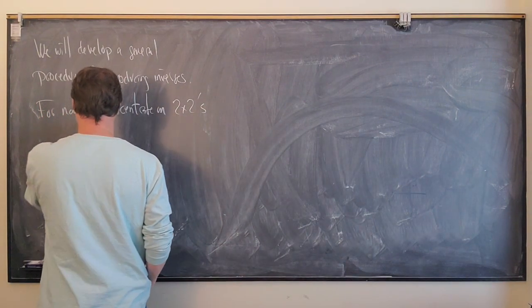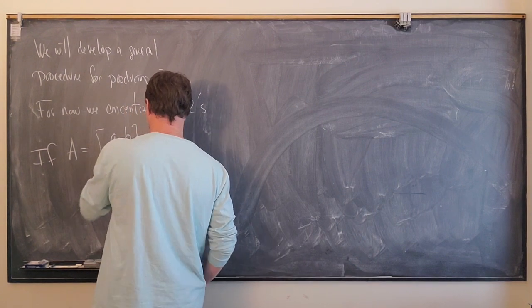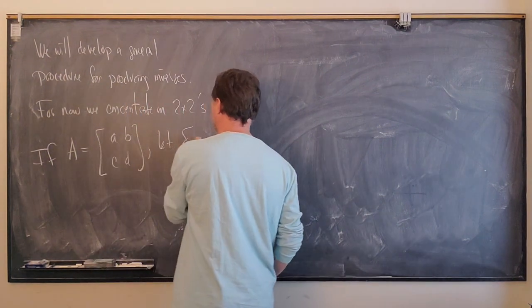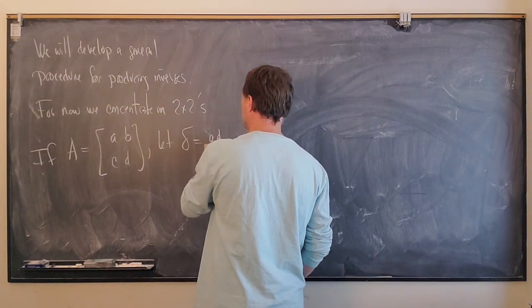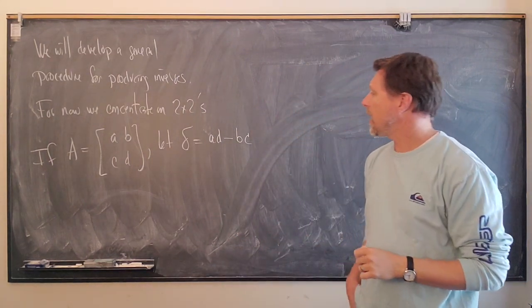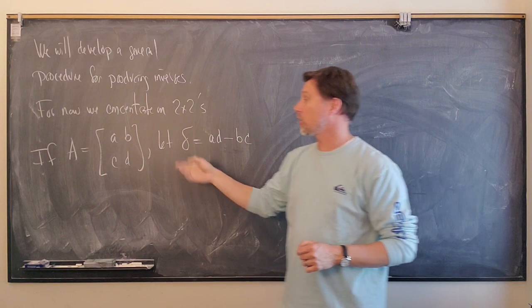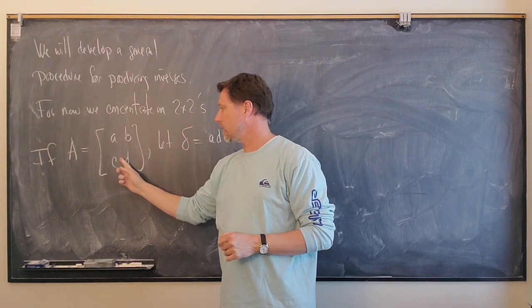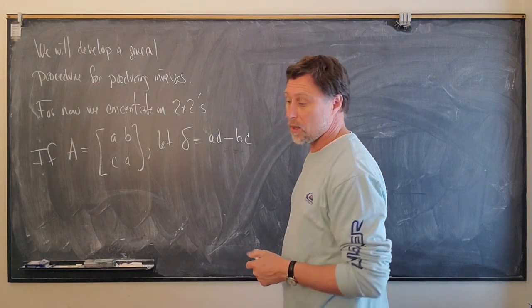If A equals the matrix A, B, C, D, I'm going to write this as little delta. Let delta equal AD minus BC. It's possible that you recognize this right here. This is the determinant of the 2 by 2 matrix, AD minus B times C. You might have learned this in 143.